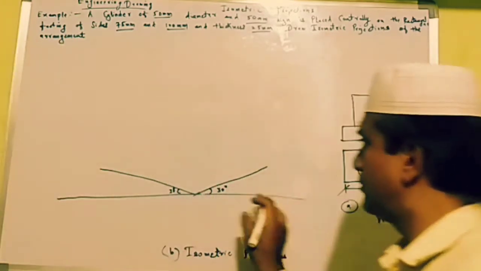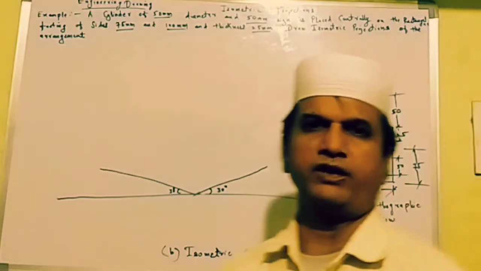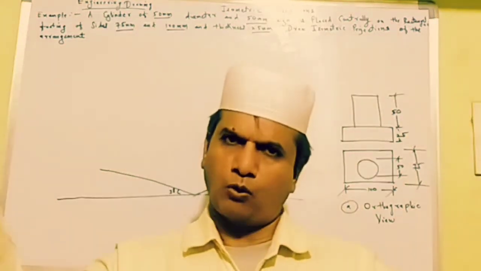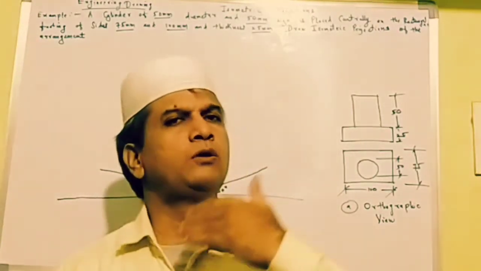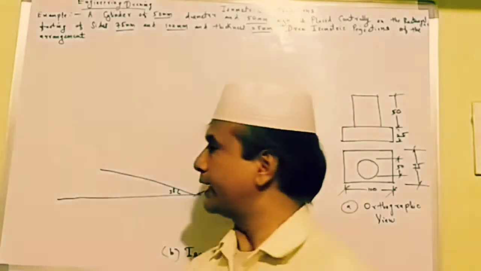Every time when you draw isometric, on both sides we have to take a 30-degree angle.